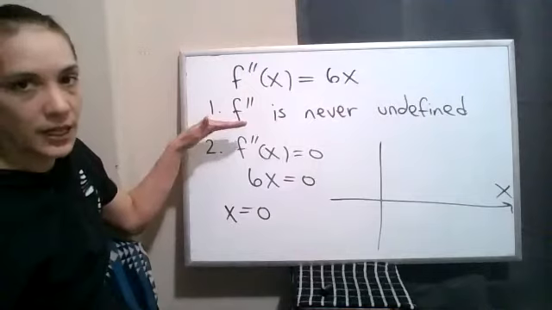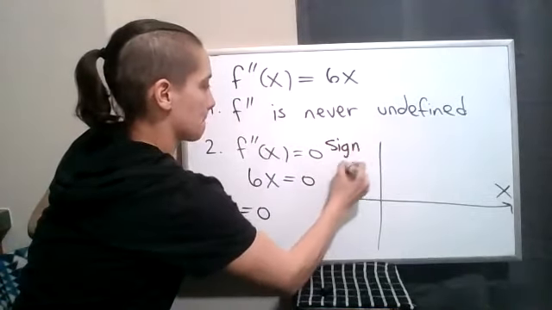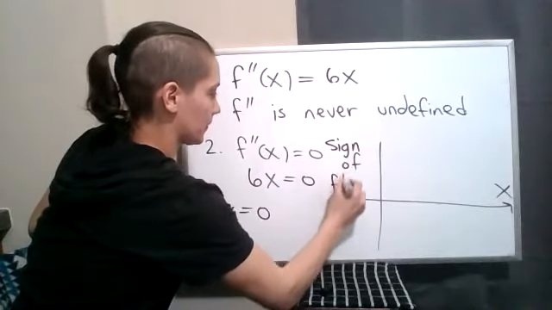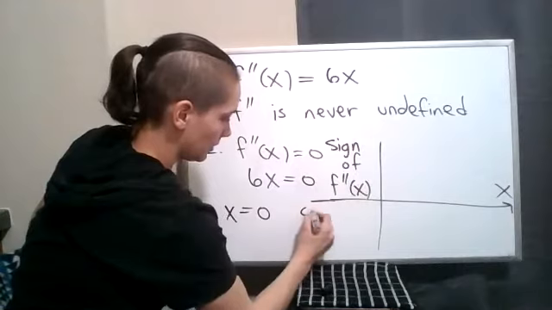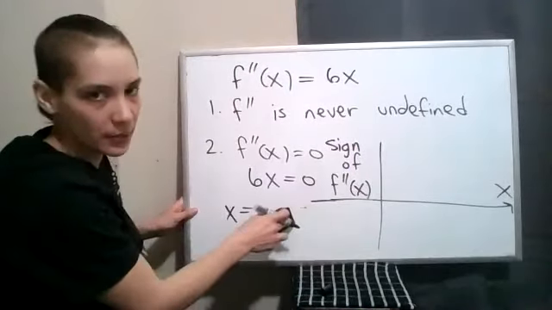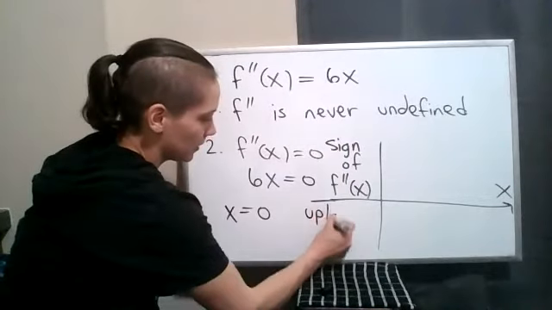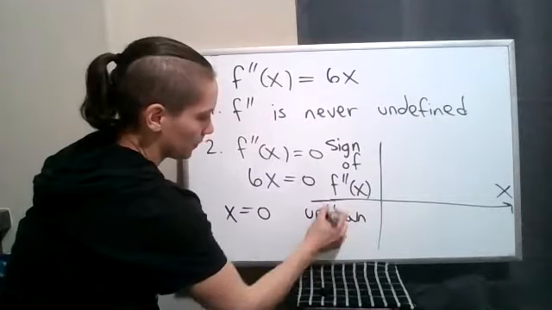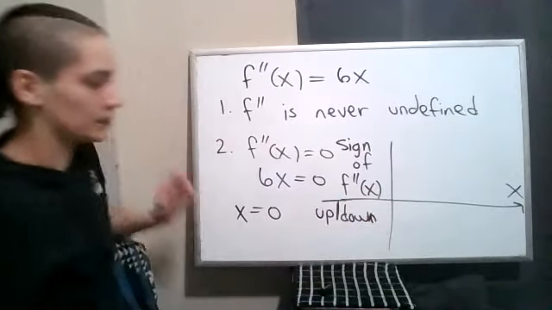Okay, we want to check out f double prime. That looks like, well, instead of concave, we're just going to put up or down. So concave up or concave down is what we're looking at.